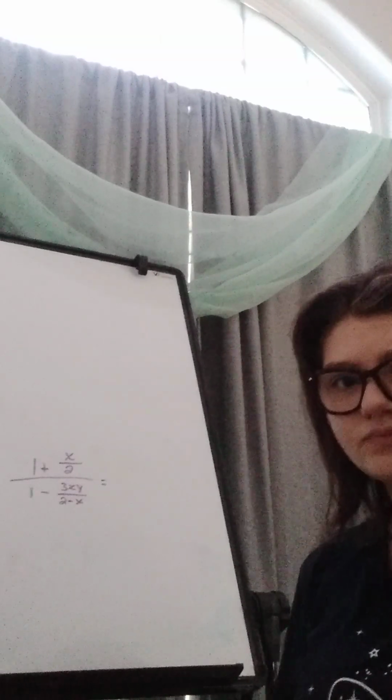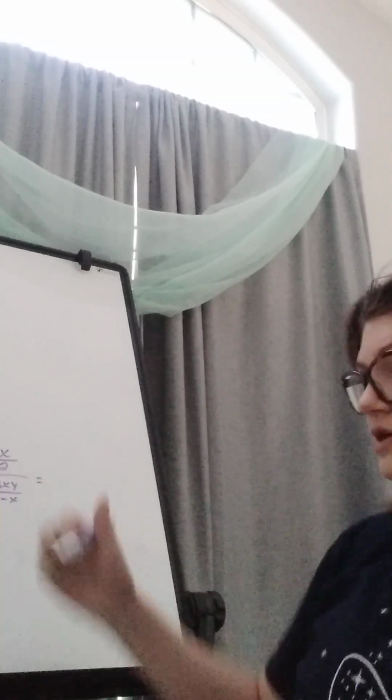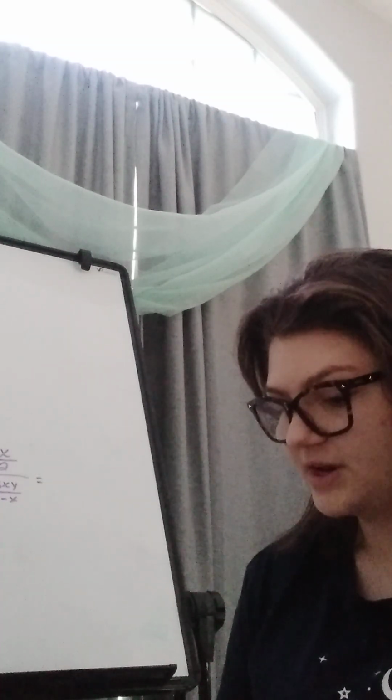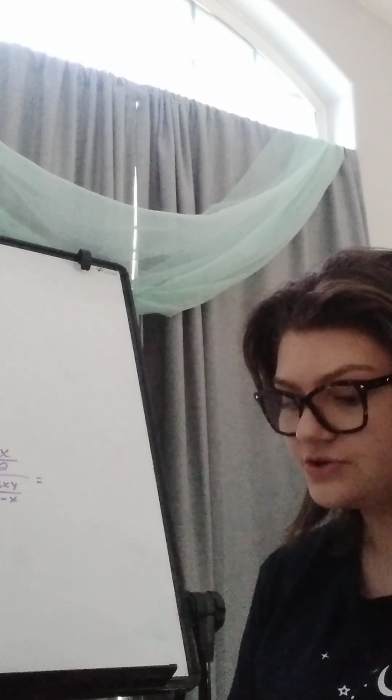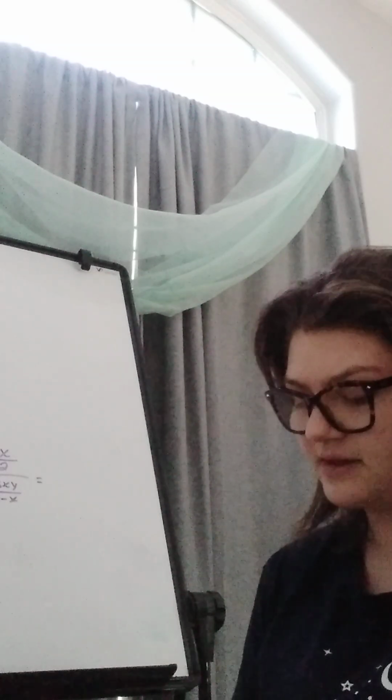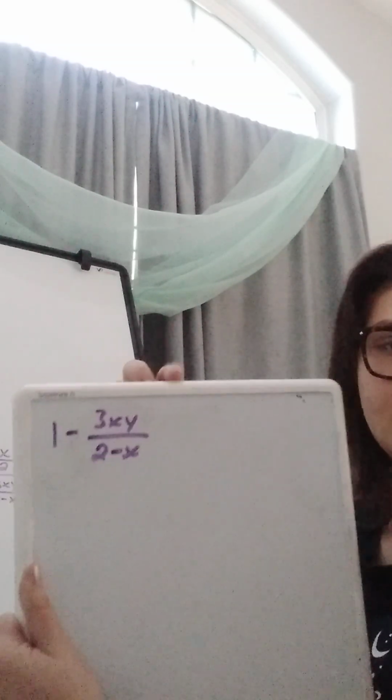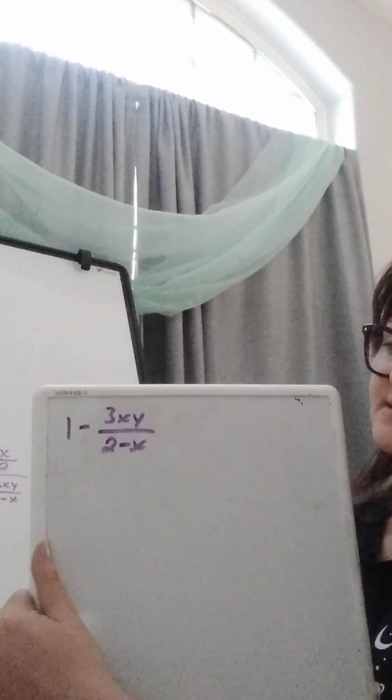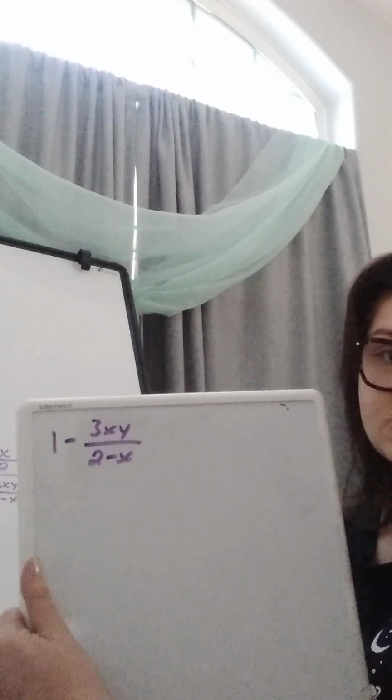So what I'm gonna go ahead and do here, same thing, focus on this denominator. So in the denominator we only have 1 minus 3xy over 2 minus x, right? So here it's just easy fraction subtraction.